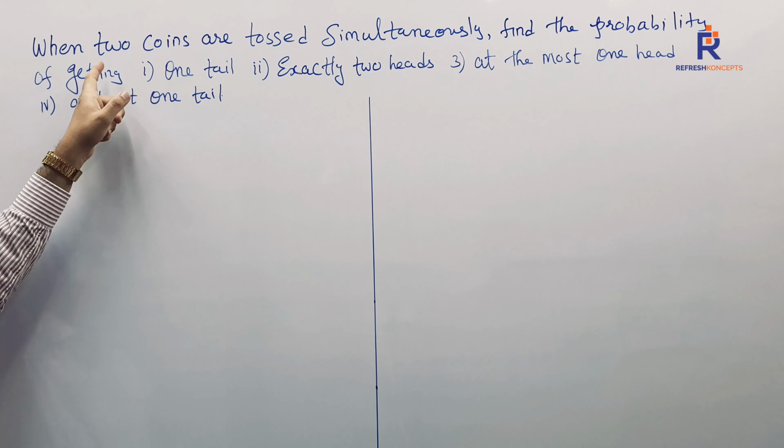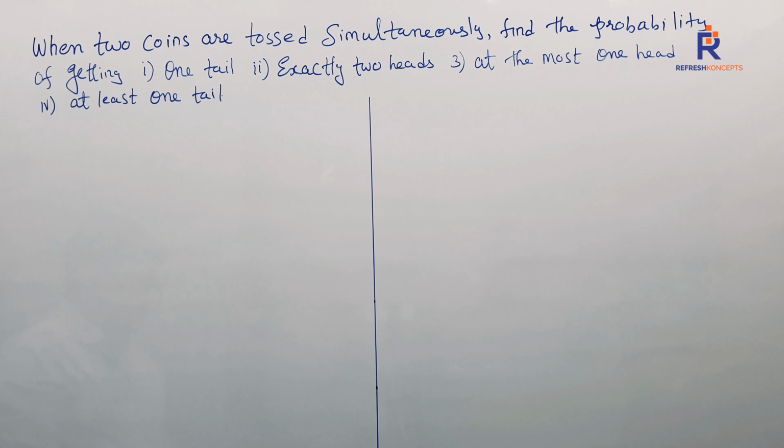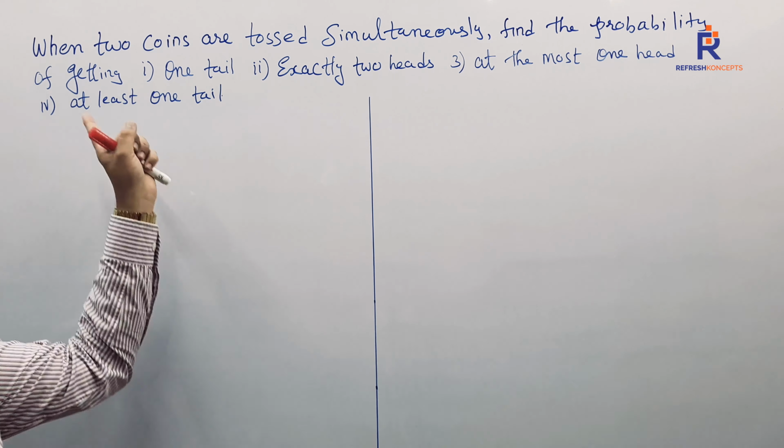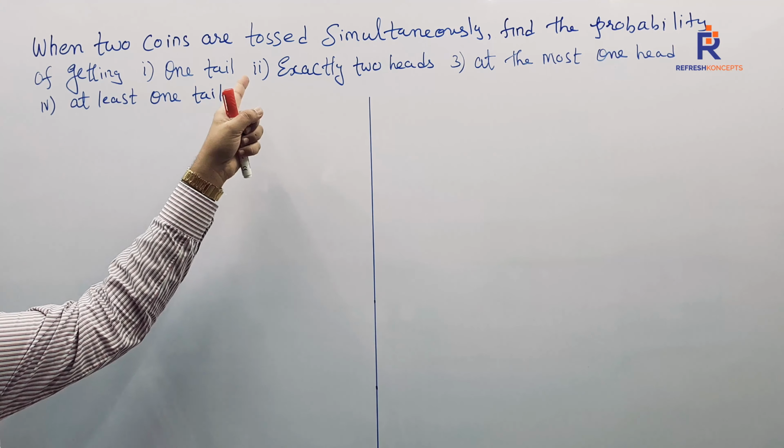Let's start. When two coins are tossed simultaneously, the random experiment is tossing coins simultaneously.